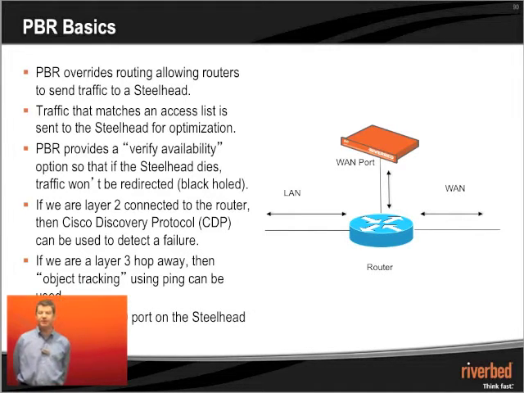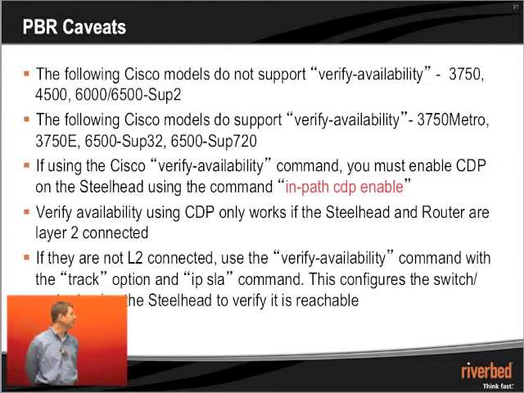Remember, as with WCCP, when configuring for policy-based routing, we connect a cable, and in this case it would be a crossover cable, to the WAN 0 0 port on the steelhead. Some caveats with regard to PBR refer to the fact that certain pieces of Cisco hardware do not support the verify availability.